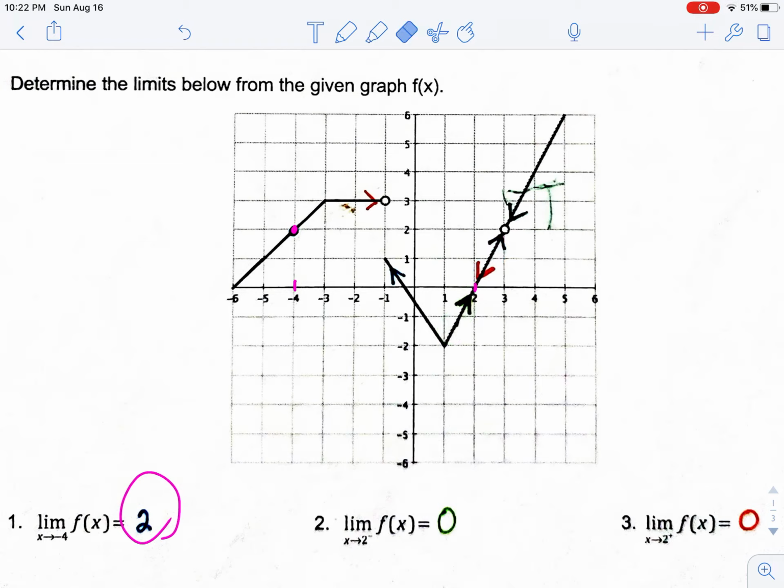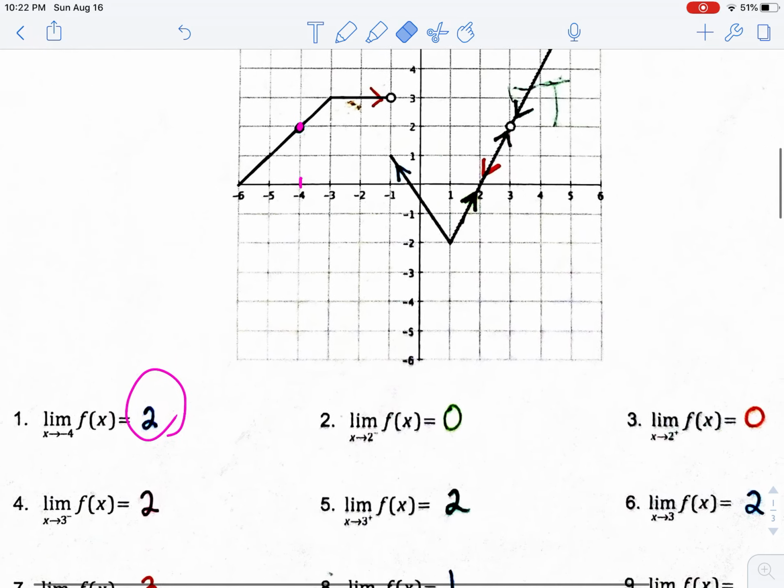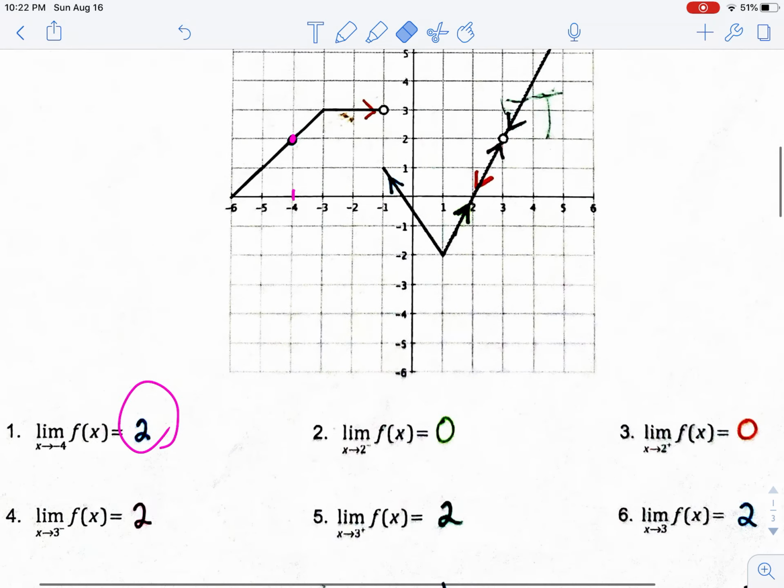Let's keep going here. I've got a couple more examples down below. Let's do 4, 5, and 6. Question number 4 is asking the limit as x approaches 3 from the left of f of x. So again, we zero in on the x value of 3, and we are going to be on the left side of it with our thinking.